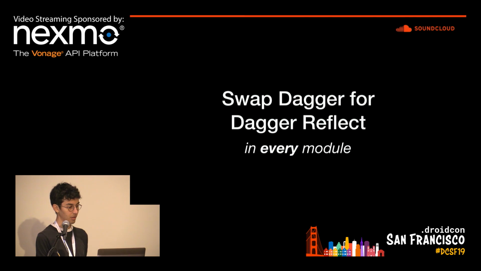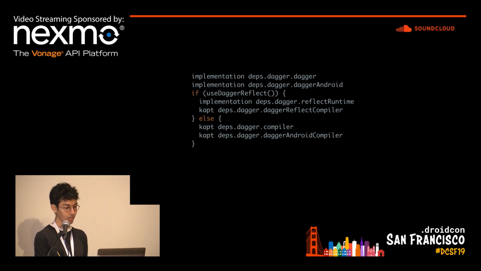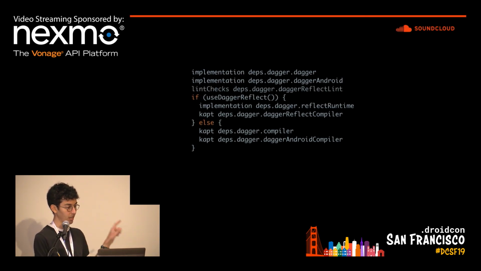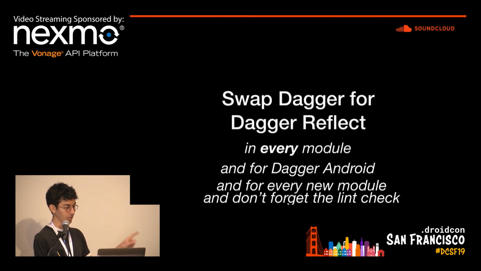So yeah, you have to swap Dagger for Dagger Reflect in every module and for Dagger Android. And there's one more thing. If you also want to have the fun Dagger Reflect lint checks, you also need to add that line in the chunk of code. So yeah, just anytime you add a module and you have thousands of developers, just do all those things and it works great.